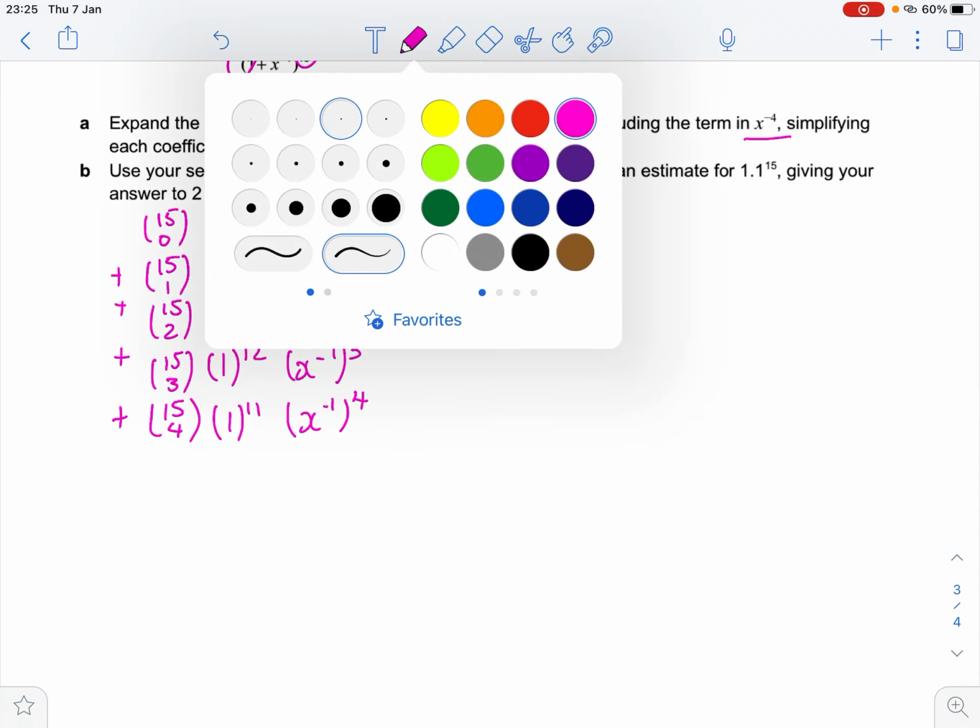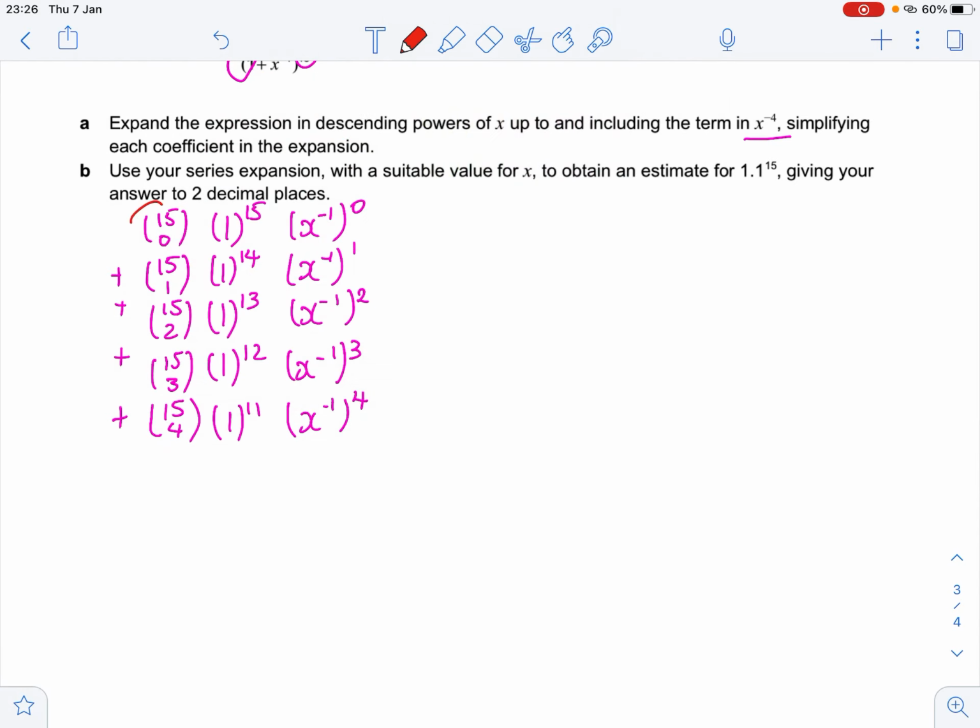So now let's try to expand our expression. Similar to before, we type into our calculator 15C0, which is equals to 1. So 1 times 1 to the power of 15 times by 1, so our first term will just be 1.